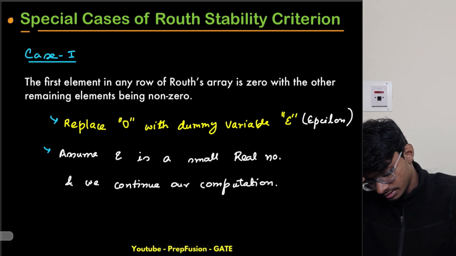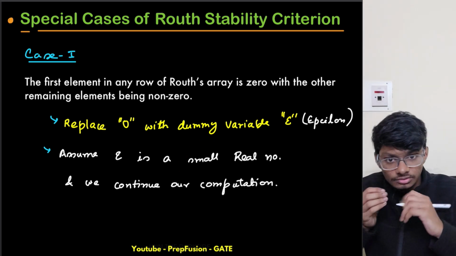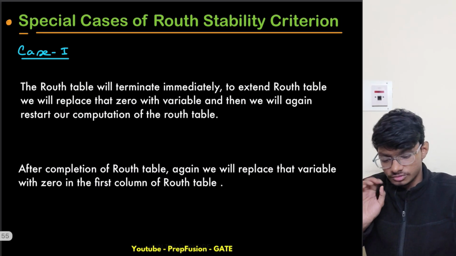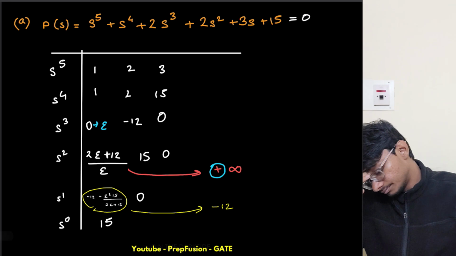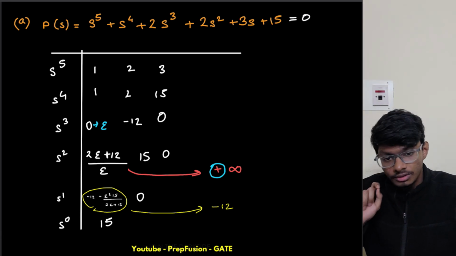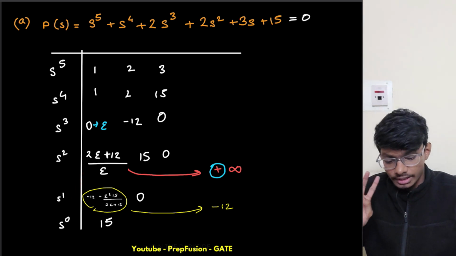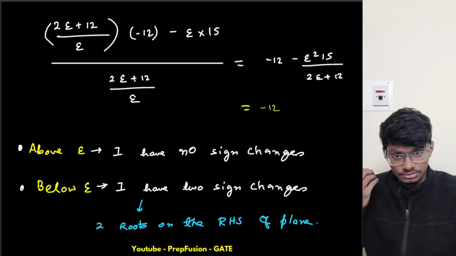So did I write this here? Dummy variable epsilon: assume a small real number, and assume it as small positive, so that will only help you in calculations. From here you can understand, right? If I have 2 sign changes, I get 2 roots on the right hand side of the S plane. Basically this is not stable.